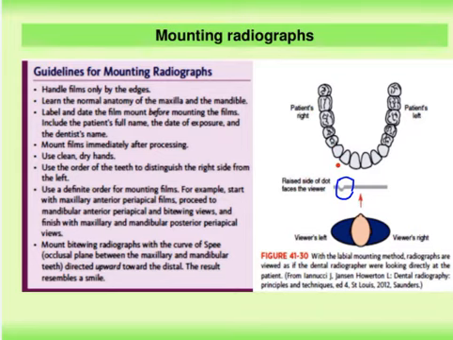In the maxilla, you will find structures like the nose and maxillary sinus, which we will discuss at a later session. And then mounting can be of two types. One is called labial mounting and the other is called lingual mounting. Okay, labial mounting is the one that you commonly use. In labial mounting, the identification dot, the raised portion, is towards you, as you see in this image.